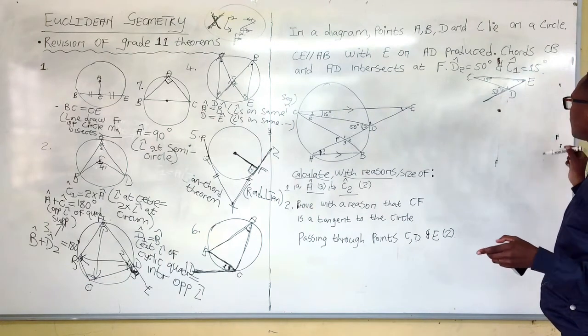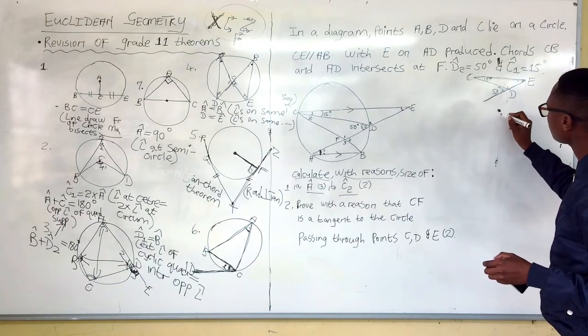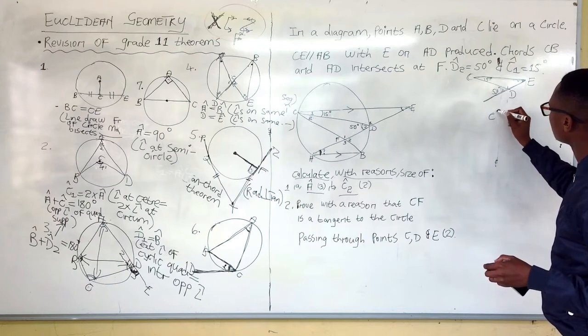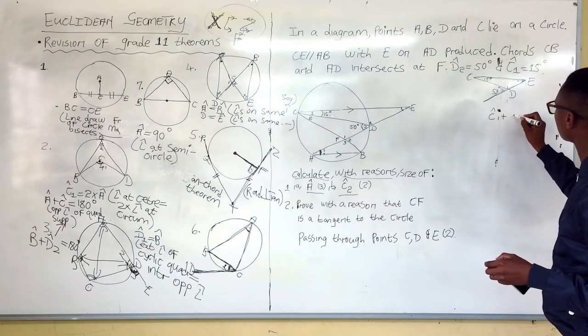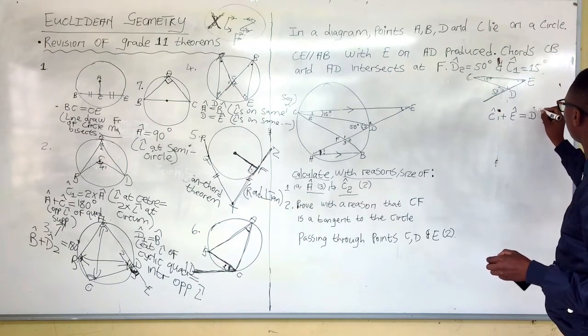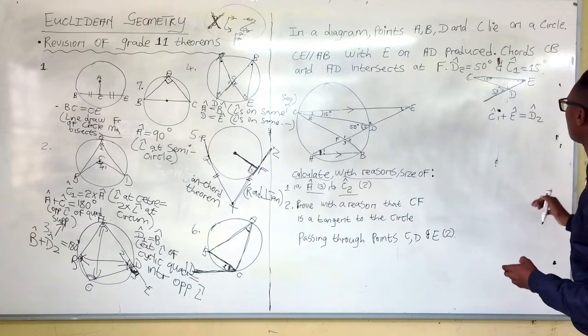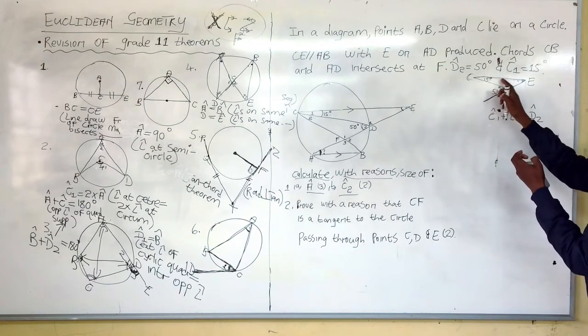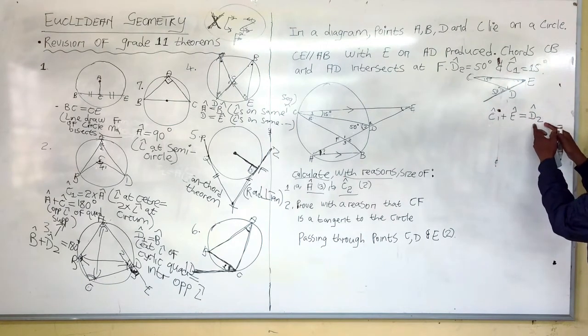So how are we going to solve that? We're going to say angle C1 plus angle E is equal to angle D2. The sum of interior angles is equal to the exterior angle.